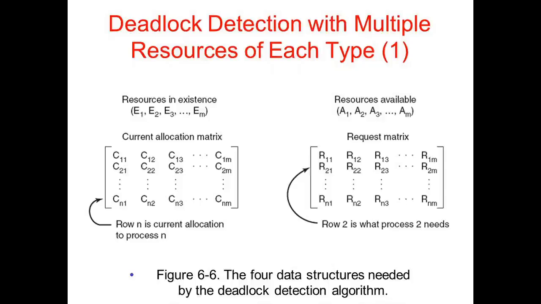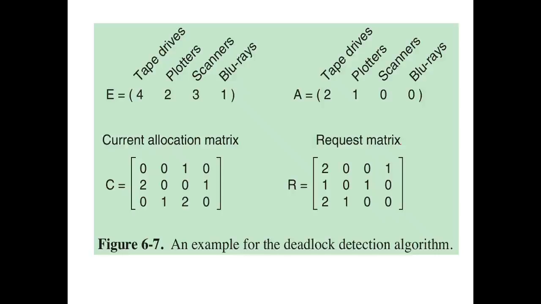For deadlock detection, as I told you, the operating system must have knowledge about the current allocation and requests, that is, the current allocation matrix and request matrix. Let us understand these with the help of an example. We are given some resources: 4 tape drives, 2 plotters, 3 scanners and 1 Blu-ray.